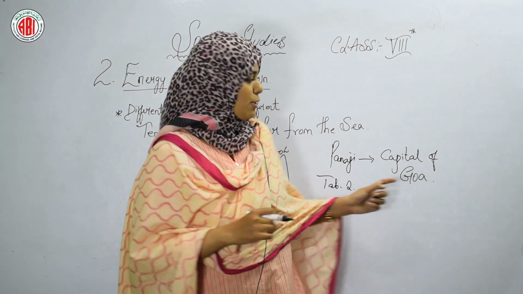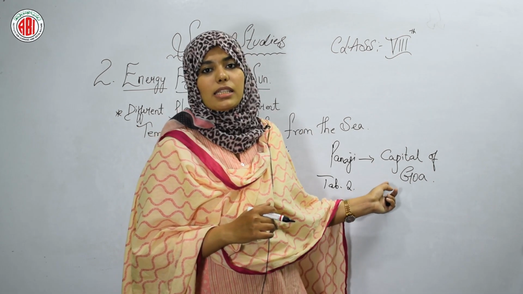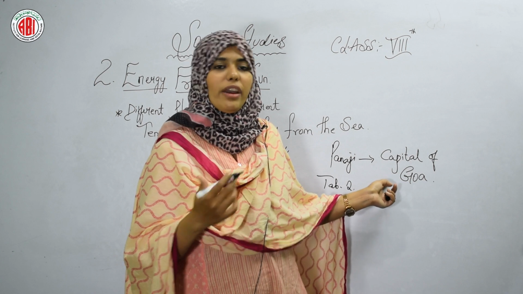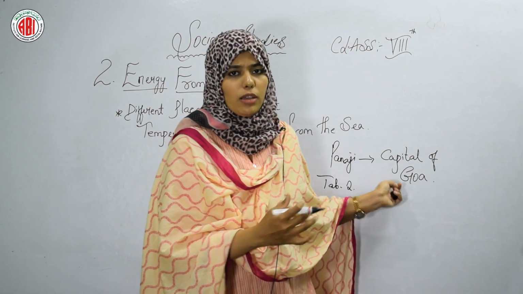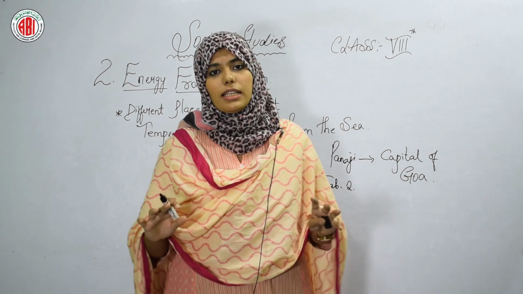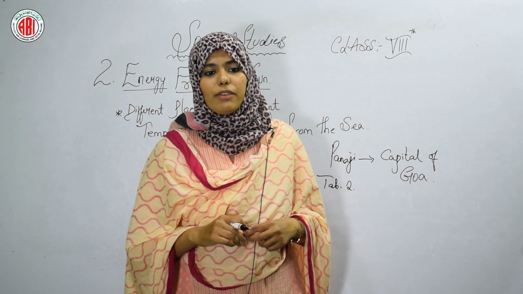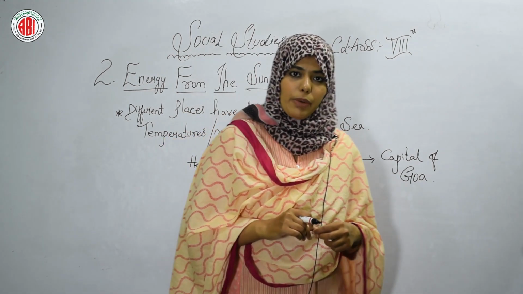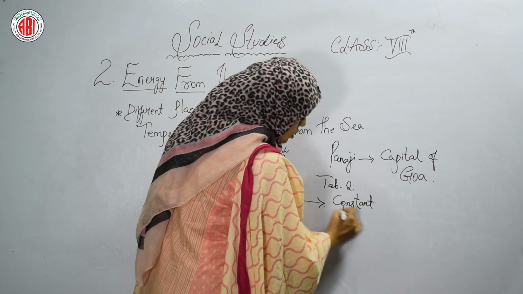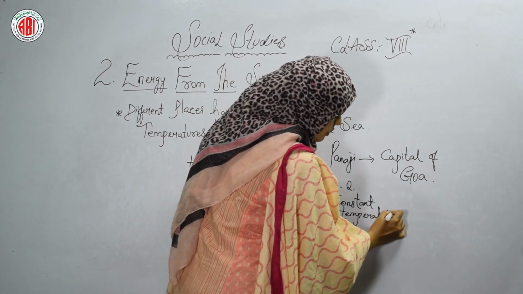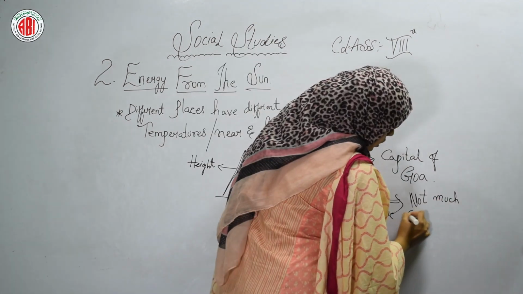So at these places the temperature is constant. Constant means fairly constant, not too hot and not too cold. There is a constant temperature throughout the year. This is known as moderate temperature. Constant temperature means not much cold or hot.